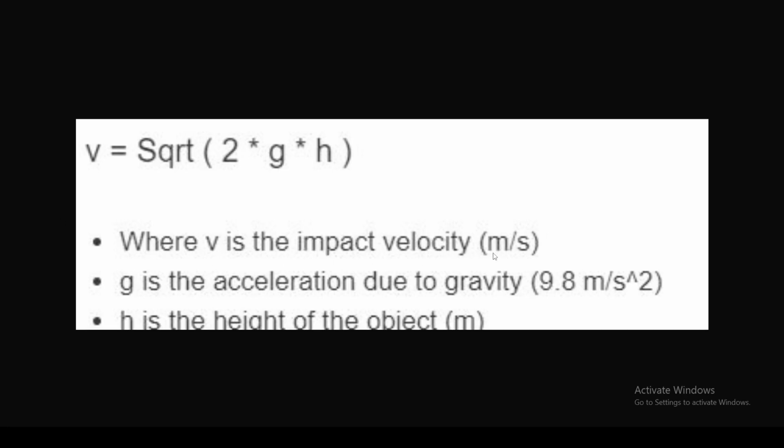So v is the impact velocity, in this case our jump velocity based on our height, g is the acceleration due to gravity, in this case our gravity magnitude in the physics engine, and the height will be our variable, the jump height.